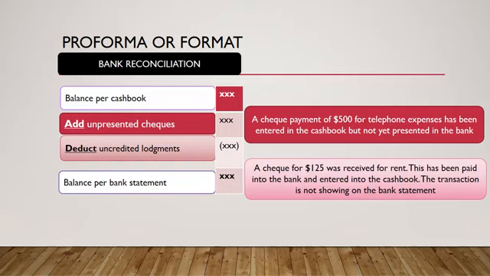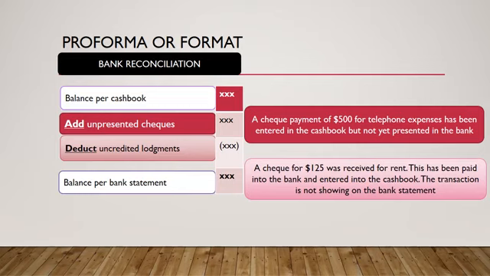Now if that happens, I have already explained, the balance as per cash book and the balance as per bank statement will not match. So an example of an unpresented check: a check payment of $500 for telephone expenses has been entered in the cash book but not yet presented in the bank.